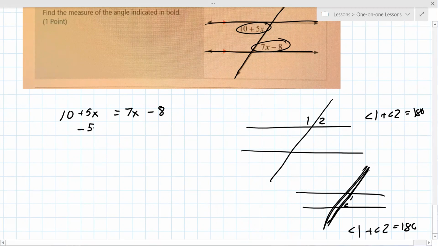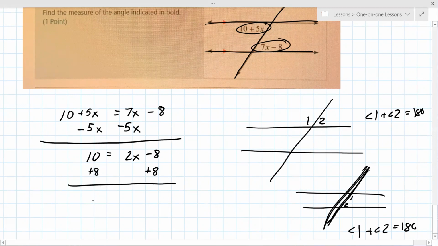So to solve this, I suggest subtracting 5x from both sides. That gives you 10 equals 2x minus 8. Add 8 to both sides. 18 equals 2x. Divide both sides by 2. So x equals 9. Now, it says the measure of the angle this time. That means you're not done.